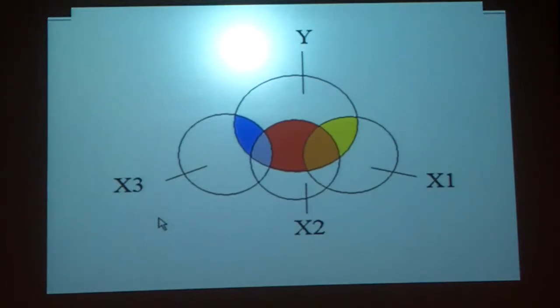So the size of the blue, the red, and the yellow, the parts of the overlap here that are not contributed by two things, so not including this one or this one, those are the uniques, also the squared semi-partials, also called squared parts, also called increments. So lots of names for it, and they're tested by the beta weights.